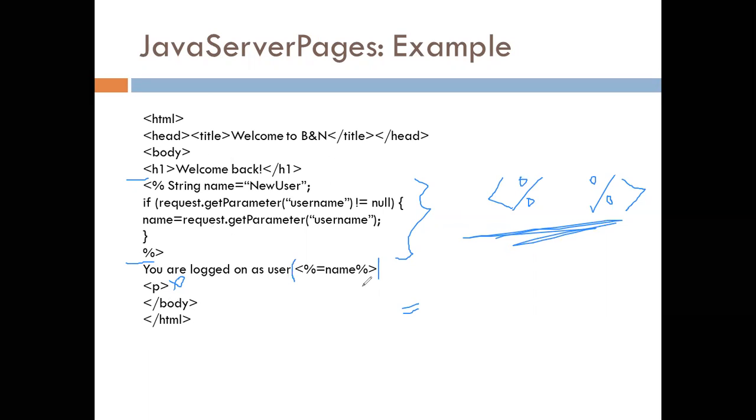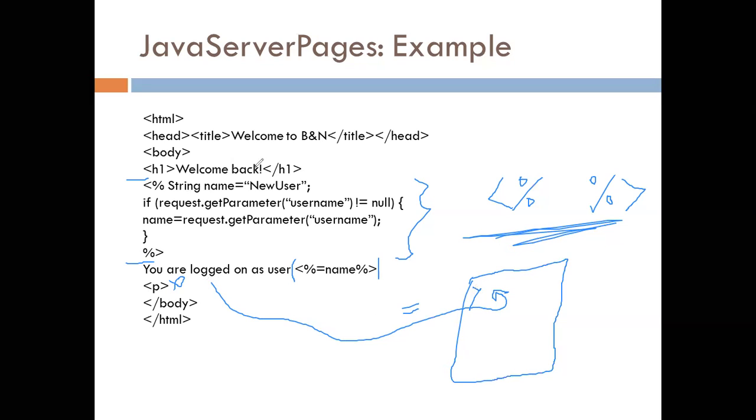Now when this particular page is called, a username has to be passed, because it is present in the request. It will just print this particular message. Whatever is there, "You are logged in as user" will come over here, and the name will be printed.